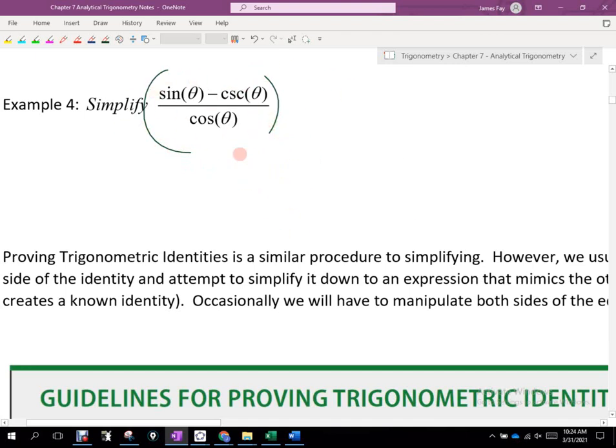We might ask something like, what is the integral from, let's just say, 0 to pi of that thing? Which means, if you were to graph this, find the area between 0 and pi and the x-axis. Okay? So that'll be a process in calculus. But to do that, it is much easier to simplify this first and then find the integral of that simplified version. Okay?